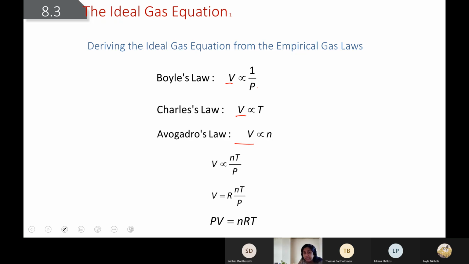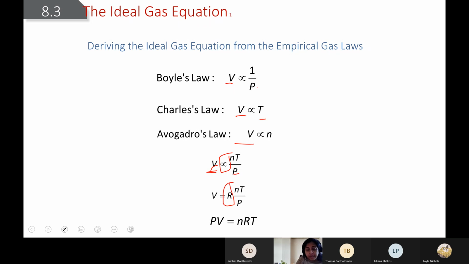So now I relate that the volume is directly proportional to n, the amount, multiplied by the temperature in Kelvin divided by the pressure. This is a proportionality sign. So how can we remove this proportionality sign? Yes, we need to apply a constant.